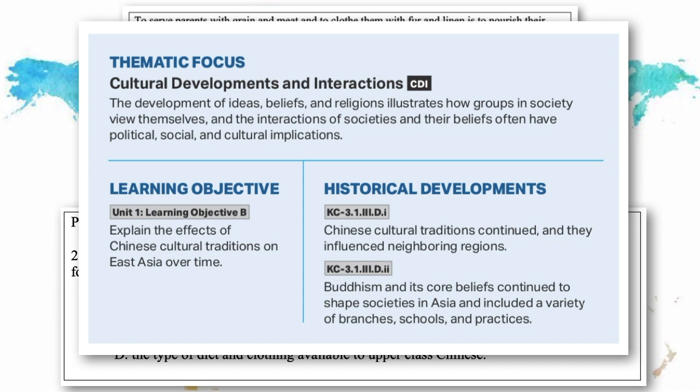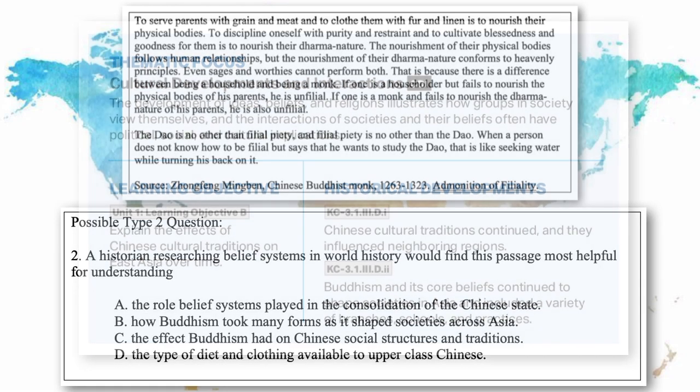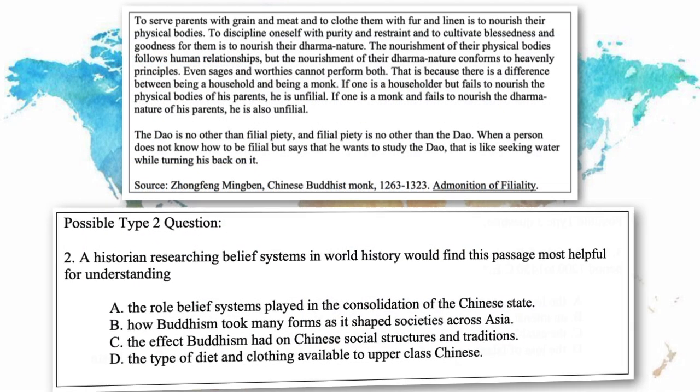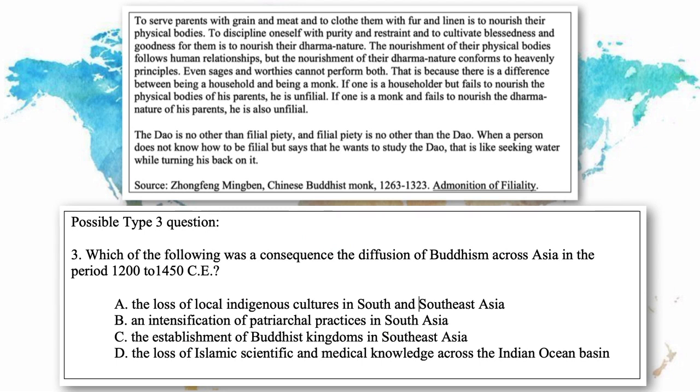All right, a type 3 question, the standalone question. Which of the following was a consequence of the diffusion of Buddhism across Asia in the period 1200 to 1450? Note, the stimulus here is not needed at all to answer that question. And again, these are limited on the AP test, but the answer here would be C, the establishment of Buddhist kingdoms in Southeast Asia.